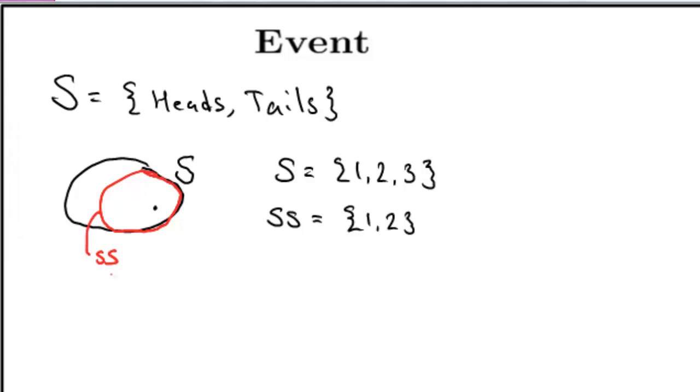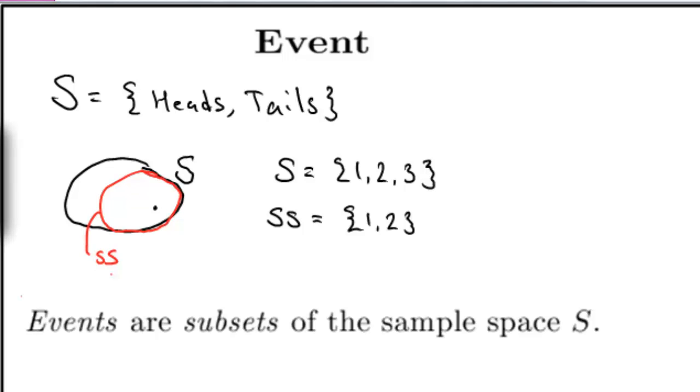S S. So back to events in probability theory. Events are simply subsets of the sample space S. So the sample space S tells us all the possible outcomes of the experiment. An event is a subset of those possible outcomes.